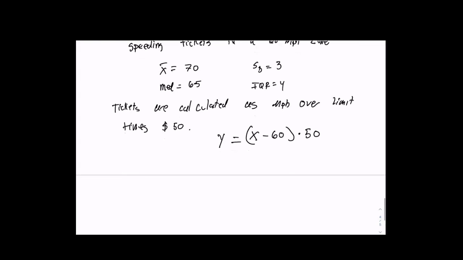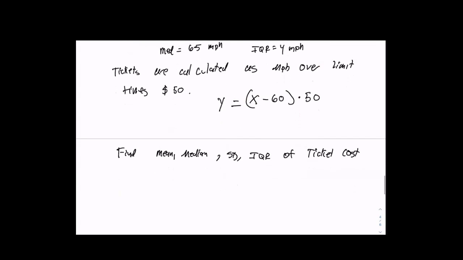But my question to you is, find the mean, median, standard deviation, and IQR of ticket cost. So all of these are in miles per hour. My answers are all going to be in dollars. Just give me the 1 minute.